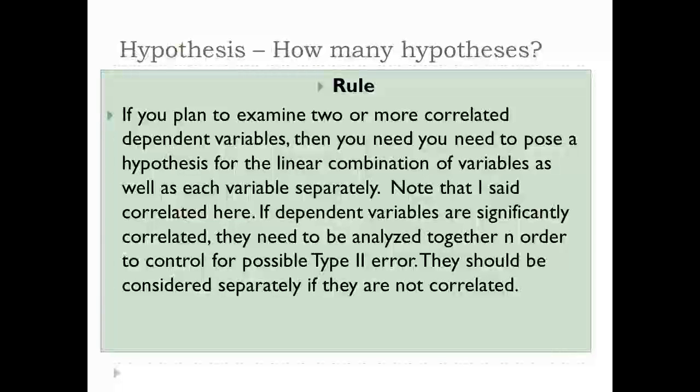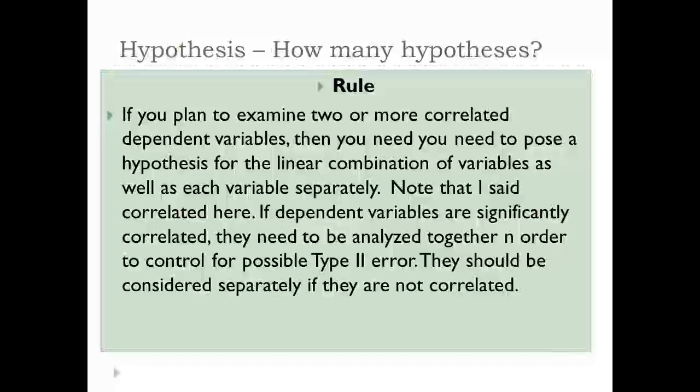That is, there has been shown in the research that there is a relationship between the dependent variables. So when you have multiple dependent variables and one independent variable, you always write a null hypothesis and a research hypothesis for the linear combination of those variables. And then you write a hypothesis for each dependent variable on its own.